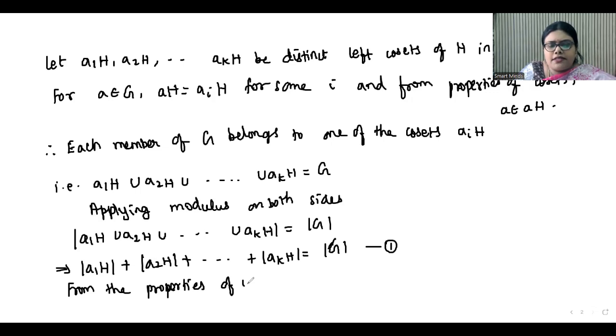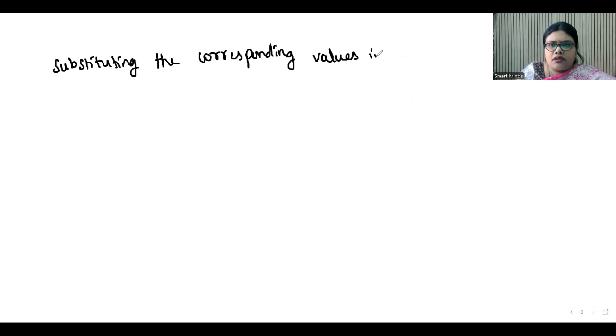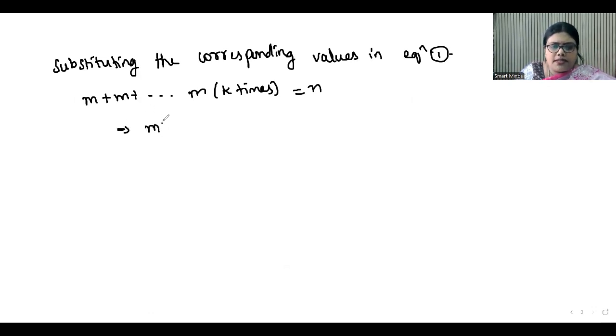From the properties of cosets, mod AH is equal to mod H equals M for each A belongs to G. Now substituting the corresponding values in equation number 1, you will get M plus so on up to M, K times, equal to N, which implies Mk is equal to N, which implies k is equal to N by M, which is an integer.